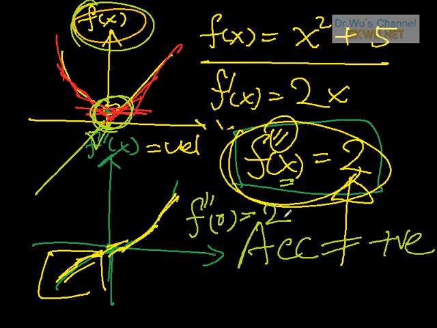It will move up at the end. So that's why we differentiate twice and get a positive number when we put x at that turning point. After we find the turning point, we put it into x. If you get a positive number, that means we get a local minimum.